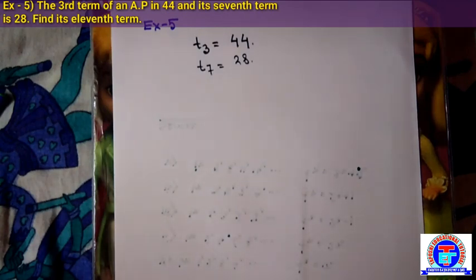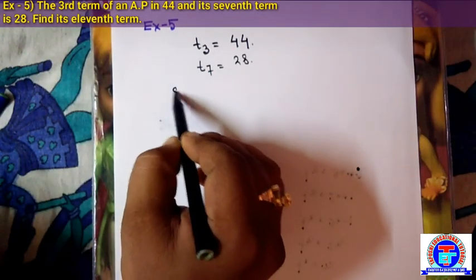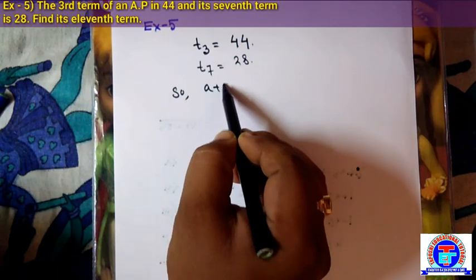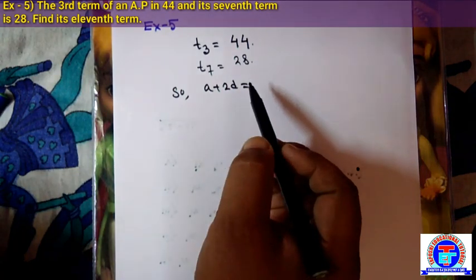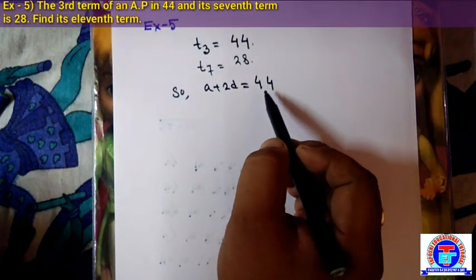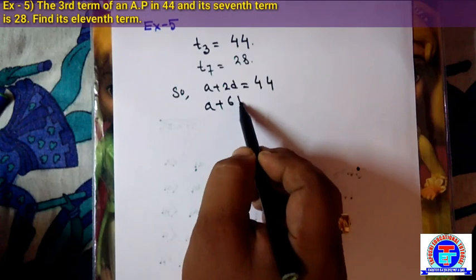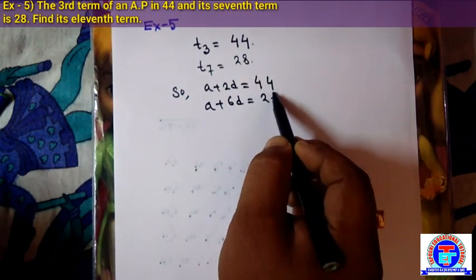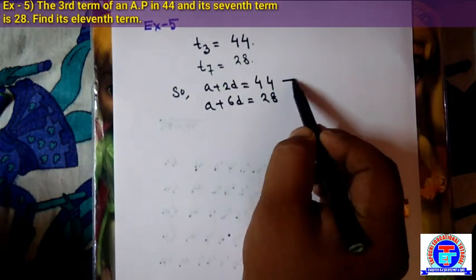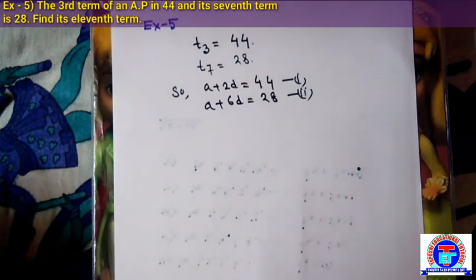Now we can write a plus 2d is equal to 44 and a plus 6d is equal to 28. This one is equation number 1 and this one is equation number 2.